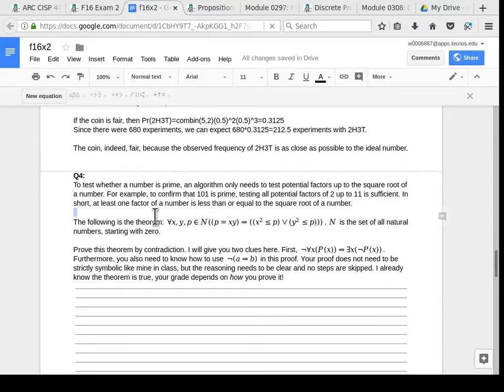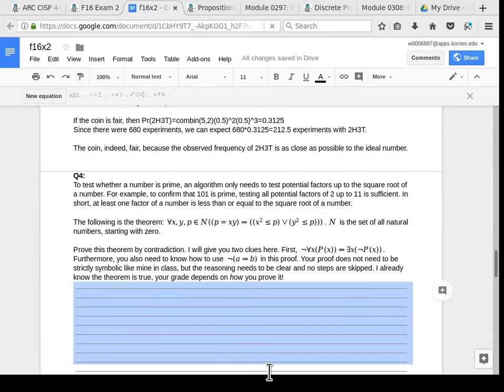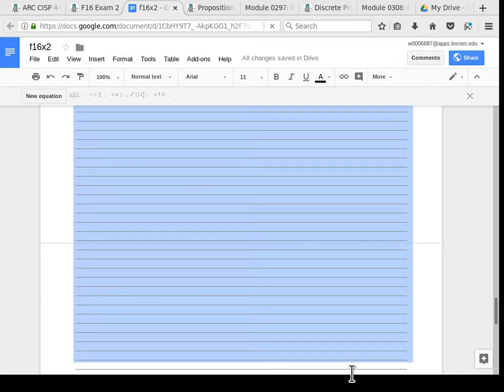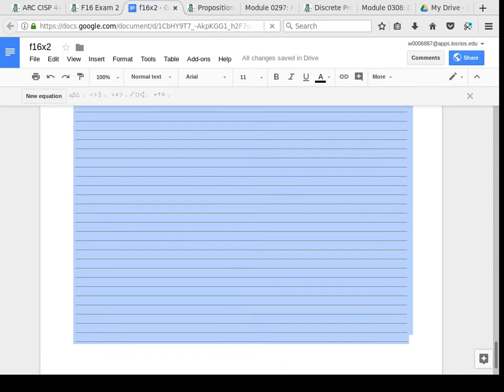So what we need to do is take this theorem and negate it, and then find out what's going to happen when we negate the theorem.